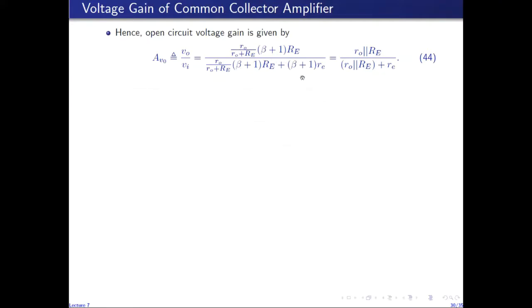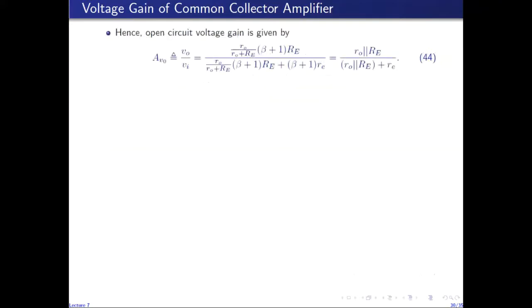Observing that this fraction times capital RE is actually the parallel combination of small R naught and capital RE, and similarly for the other term, I get this fraction as the open circuit voltage gain of the common collector amplifier.